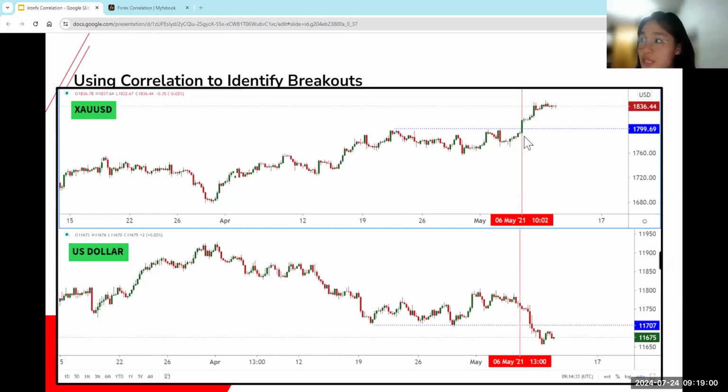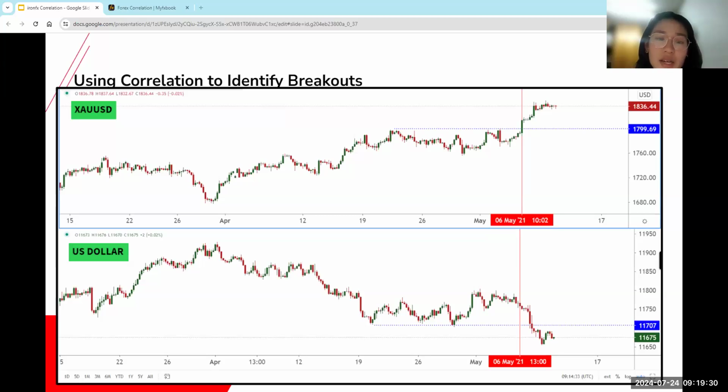This is our resistance level, and we see price breaking above that resistance level. So we can also expect our US dollar to be the opposite. Instead of going in for a buy, we're going for a sell, and we're expecting it to break below this support level. So that's how you can use correlation to identify breakouts.